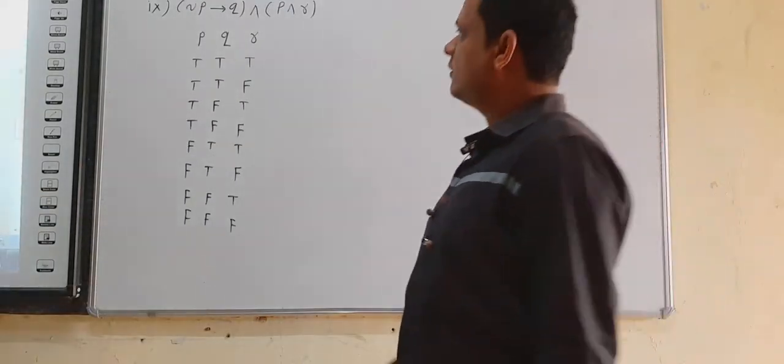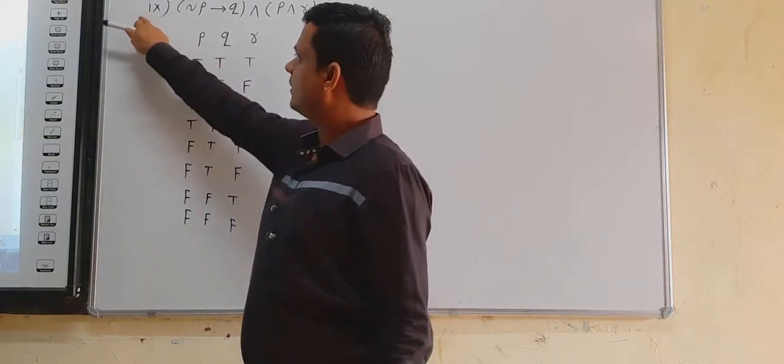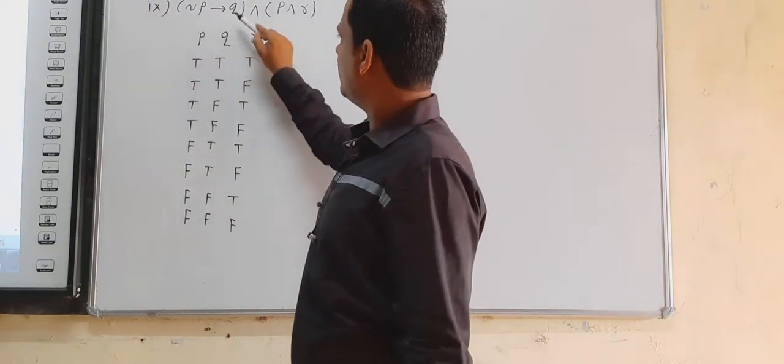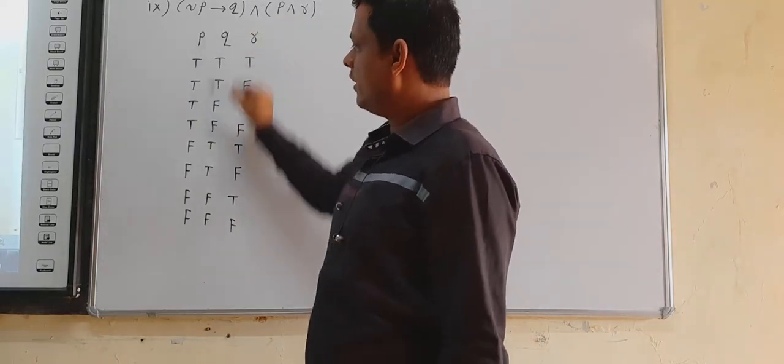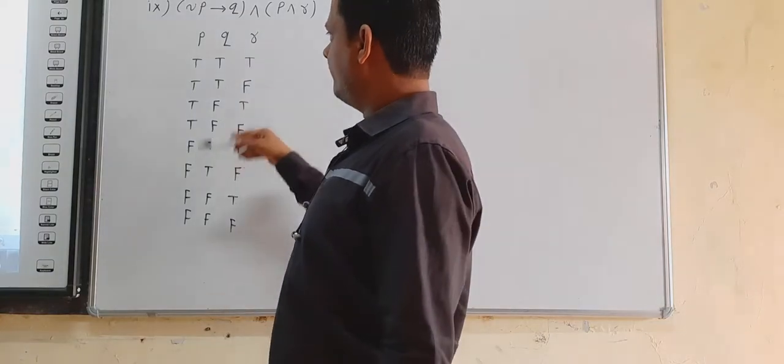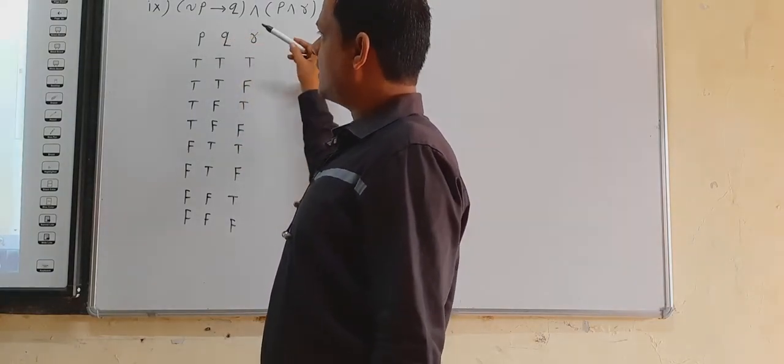Next example, example number 9. In this example, the total number of statements is 3, P, Q and R. So we have to take 8 truth values for each column. So we write the P, Q, R statements.